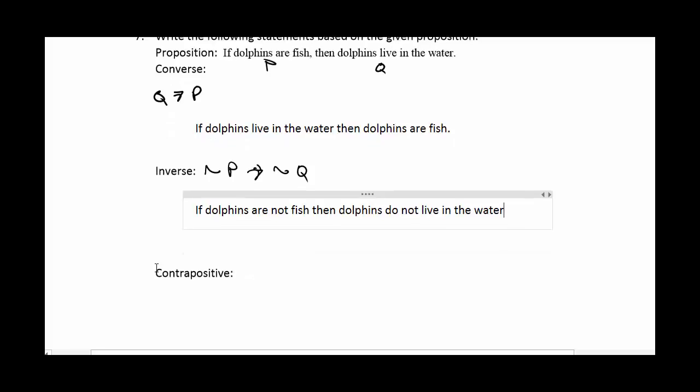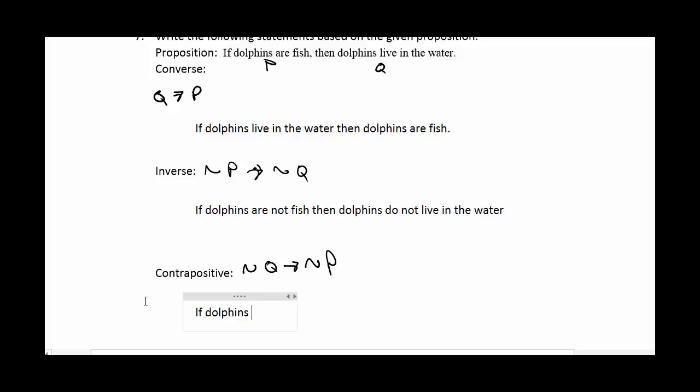All right, and the last piece, as far as rewriting goes, is the contrapositive. Contrapositive is, again, negation, but then we're switching the order. So here we're going to go not Q to not P. And so I just need to type out kind of what I did with the inverse, but then switch the order. So if dolphins do not live in the water, then dolphins are not fish. Okay.